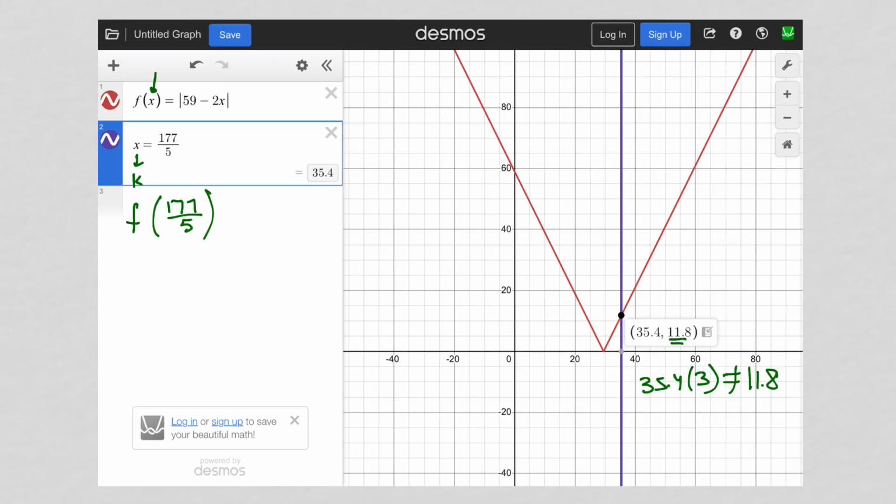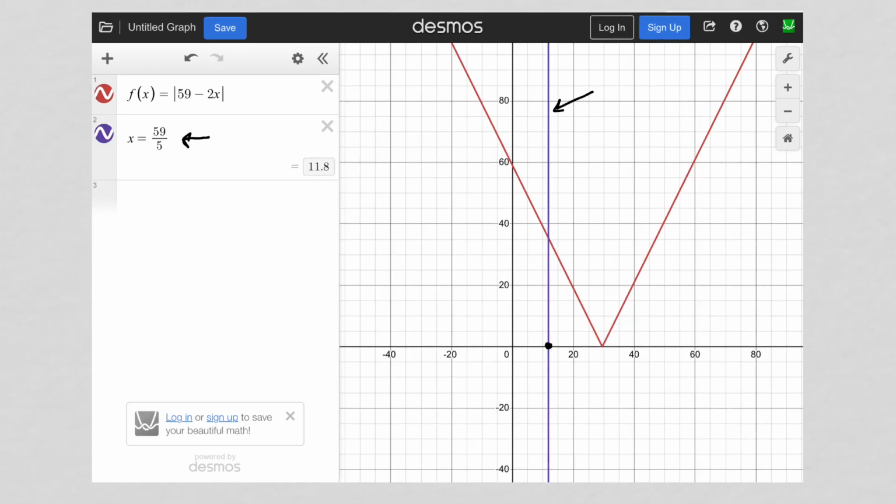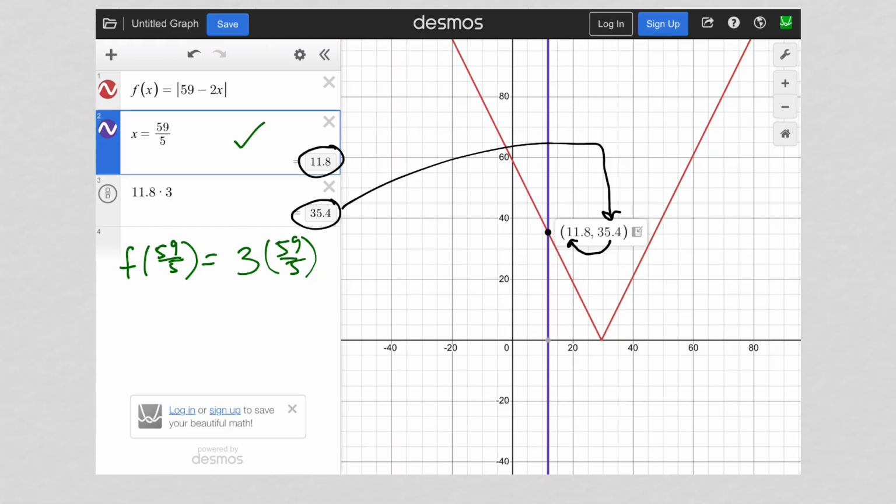So the only answer choice where the number that we replaced x with, 11.8 in this case, or 59 fifths, the same thing as 11.8, has the relationship that the y value is equal to 3 times the x value that we put in is choice A. 11.8 times 3 is 35.4, and that's why choice A is the correct answer.